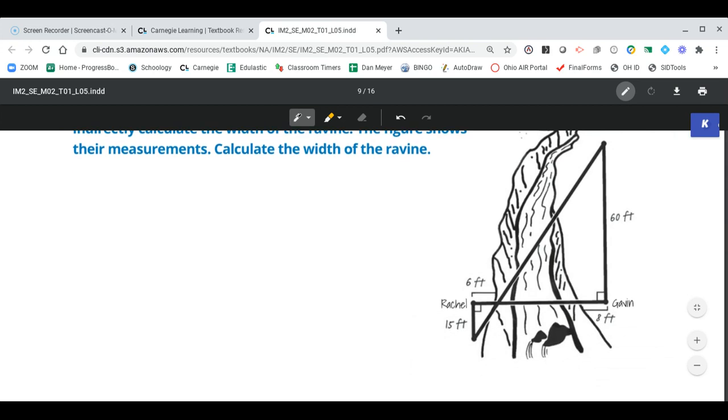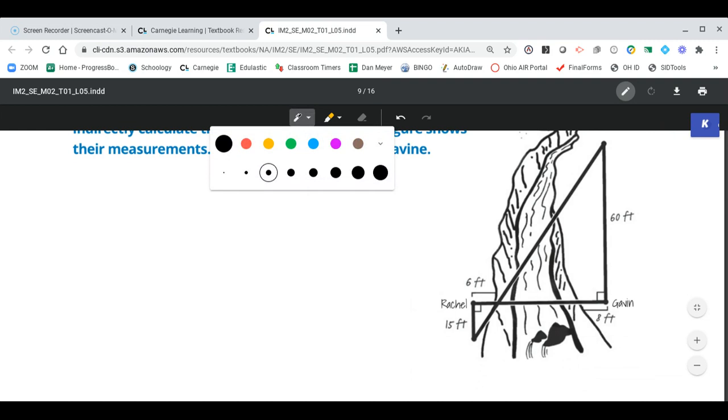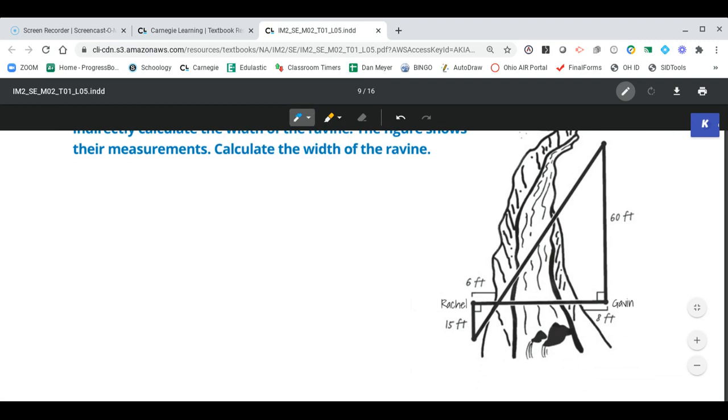So very similar. It looks like we can set up, again, corresponding side length ratios, set them equal to each other. Let me use a different color. We want to find this blue segment, so let's call that X. So 6 feet on the small triangle is to X as 15 feet on the small triangle is to 60.